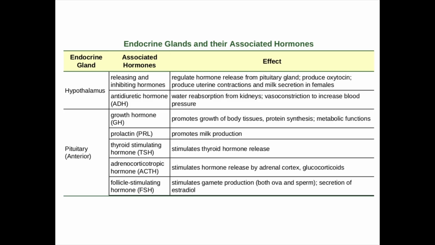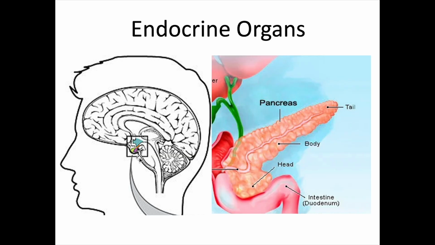So without memorizing all of these tables, what's the take home from this? Well, most hormones are produced in these locations. The brain. We didn't do brain anatomy when we were talking about the nervous system, so I can't point out specific parts of the brain, but there are specific parts of the brain that make different hormones, but I'm just going to say brain.